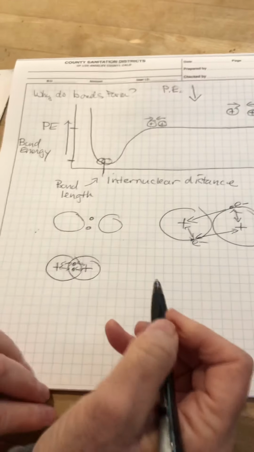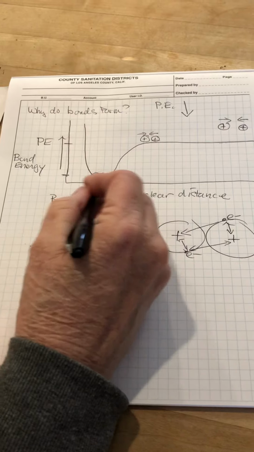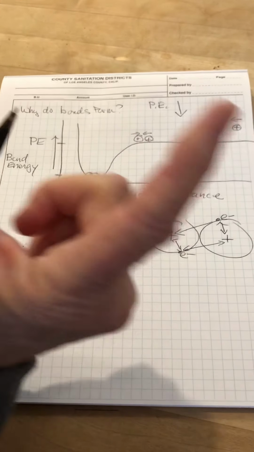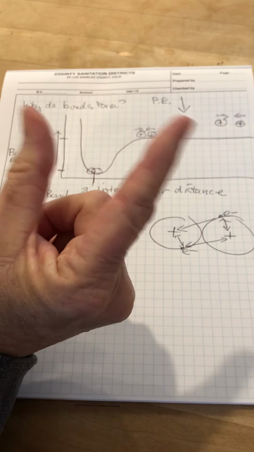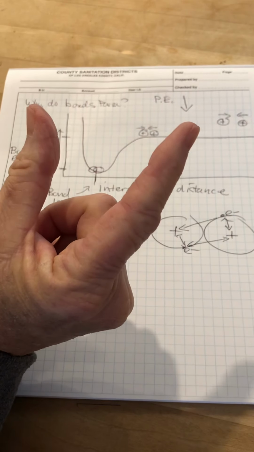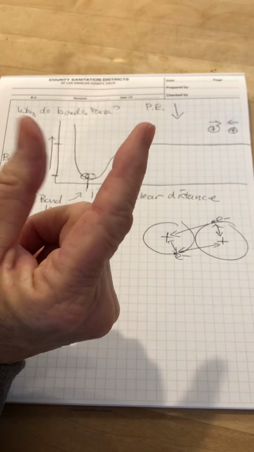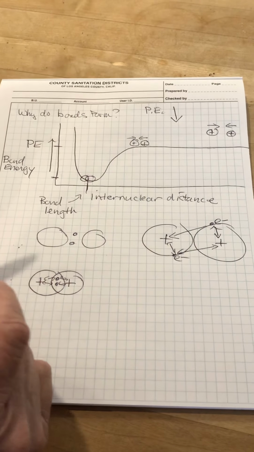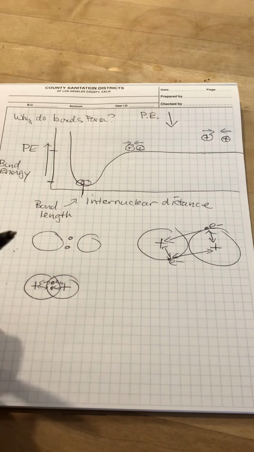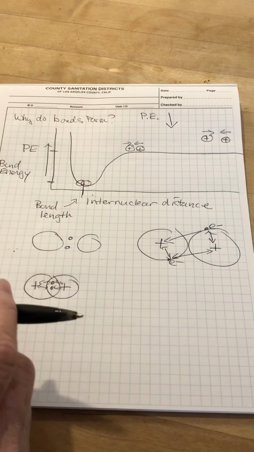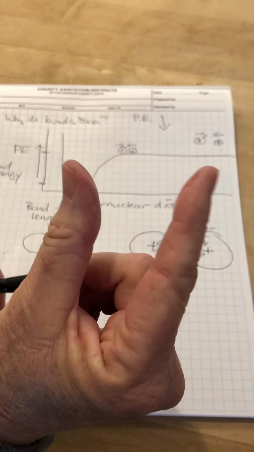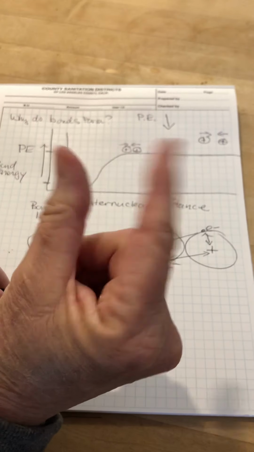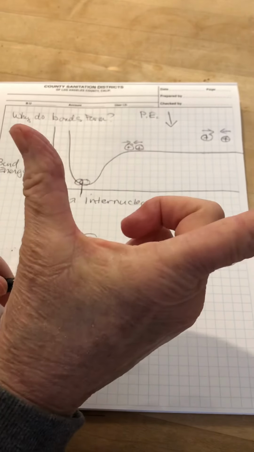There's a couple ways you could break a bond, but right now this guy is pretty happy. You've got a hydrogen molecule where my fingers are, and they're just vibrating back and forth, and they're going to do that forever. The small vibrational mode, back and forth. The bond is acting like a spring, and they're going to stay like that until something comes in. That something would be energy. So if energy comes in, all of a sudden they're going to start wildly going apart.